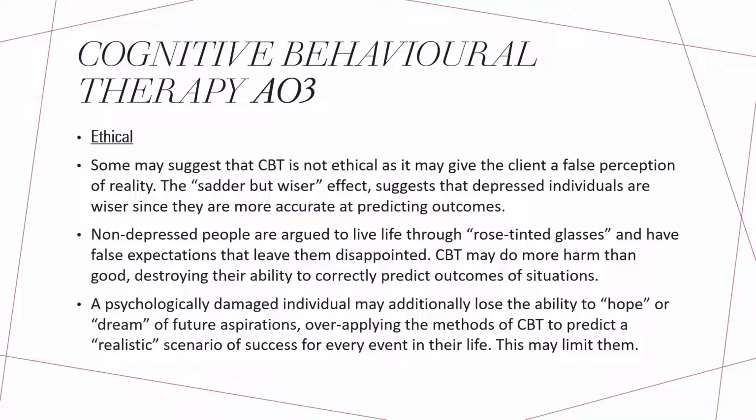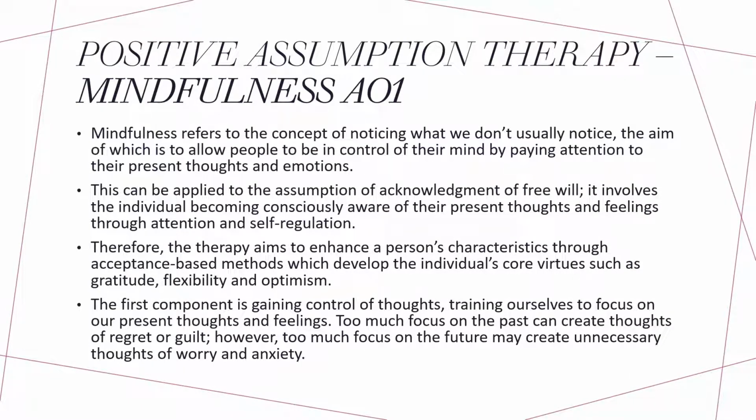That's the only way they can make predictions. So if that is inherently flawed, then they may believe that their realistic chance of success, or a realistic scenario of success, is actually something that would limit their progress. So positive assumption therapy, mindfulness, AO1.